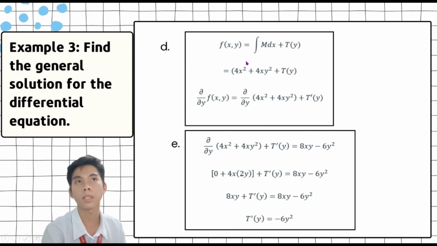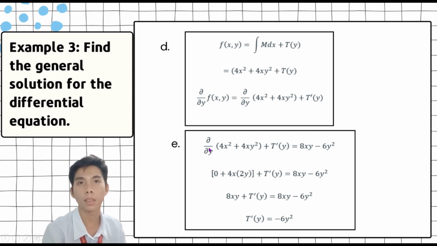In the fourth step, we need to find the partial derivative of this function in terms of y. So the partial derivative of f of xy in terms of y is equal to the partial derivative of 4x squared plus 4xy squared plus t of y in terms of y.